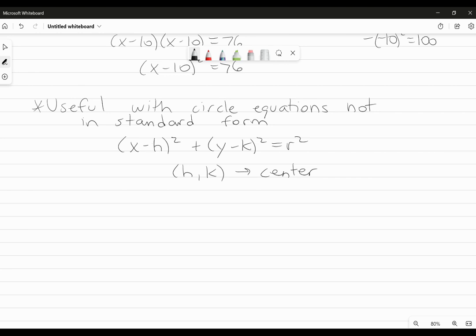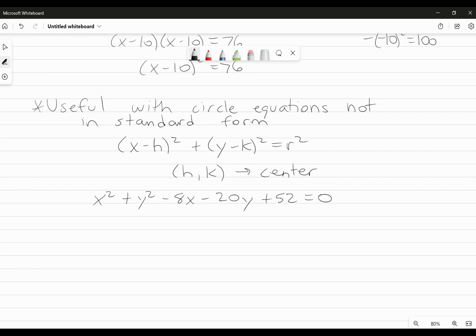So for example, let's say you have an equation like this. All right, the first thing I'm going to do is group the pieces of the equation together that have the same letters at least.